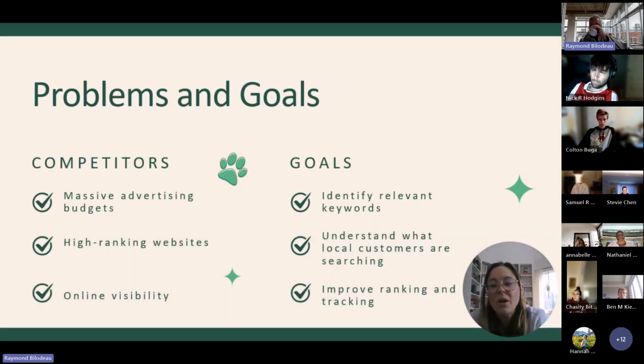Home Alive Pets has a strong local customer base, but struggles to expand its online reach and organic visibility against large national competitors. To address this, we've analyzed SEO tools like Uber Suggest, Google Trends, SpyFu, and SparkToro, which help uncover keyword gaps, rising content trends, competitor strategies, and audience behavior. These tools are ideal for identifying targeted opportunities that align with what local pet owners are searching for, allowing Home Alive Pets to improve discoverability, stay relevant, and attract more qualified traffic through smarter, data-driven content.